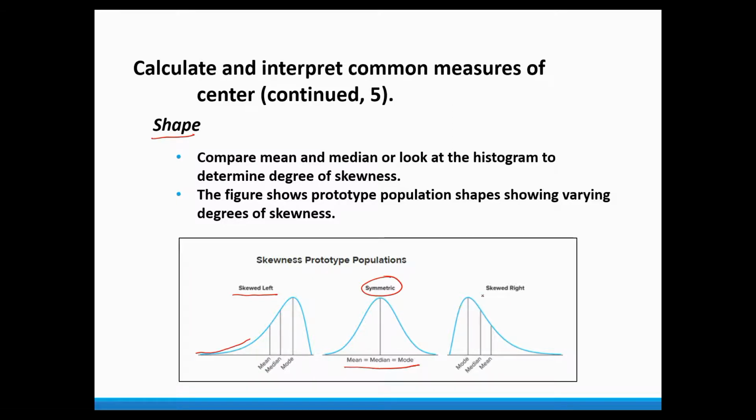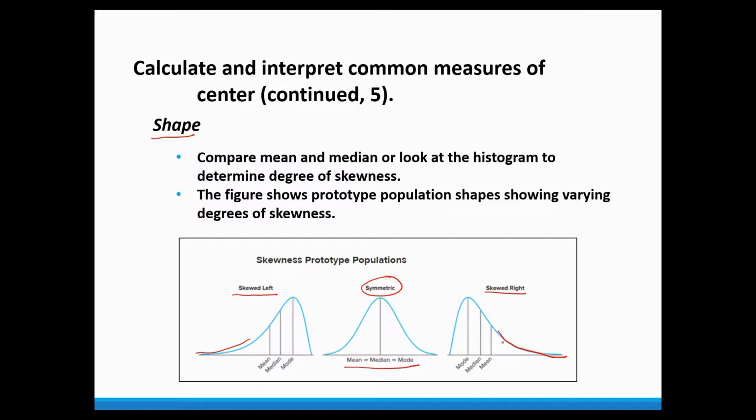The other type is if the data is skewed right. In this case, most of the data concentration is at the left with a long tail at the right. We say that it's skewed to the right. So the direction of the tail tells us about the skewness of the distribution.